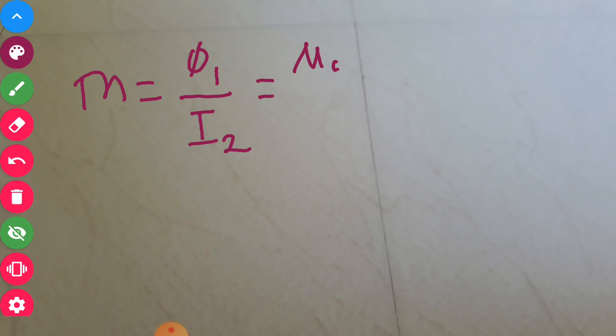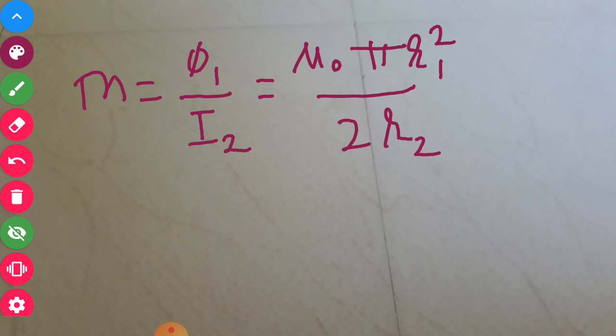The mutual inductance is the flux of first divided by current of second, and that will be mu 0 pi r1 square upon 2 times r2.